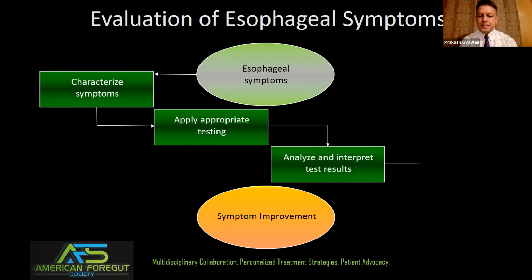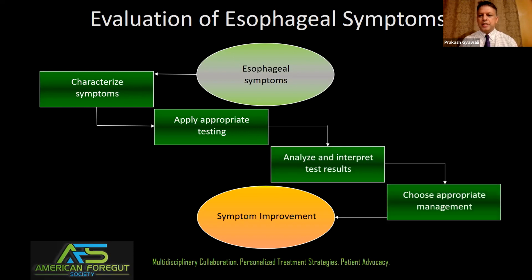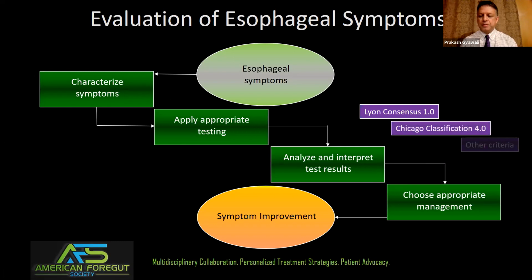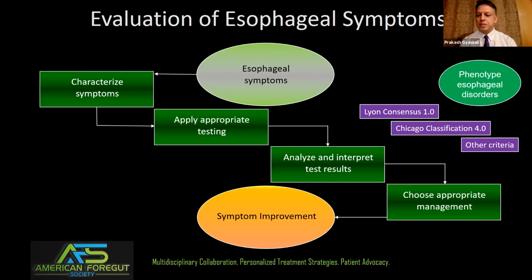The appropriate testing has to be applied. The test results have to be analyzed and interpreted, and appropriate management needs to be chosen. And we have several classification schemes and other criteria that help us phenotype these esophageal disorders. It's important to recognize that these are guides.